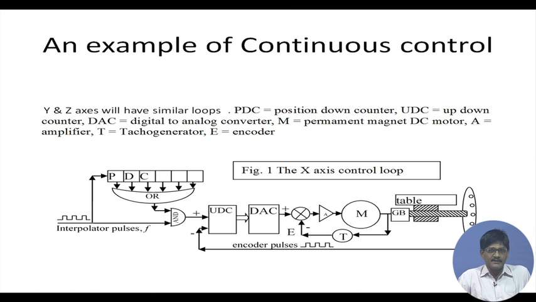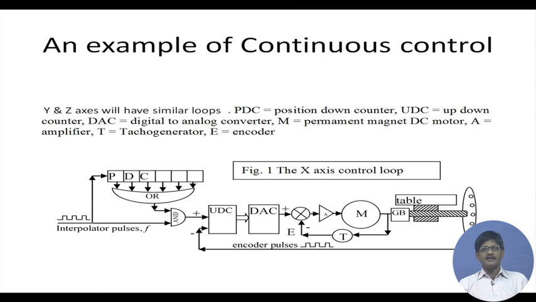So, instead of a pulse generator, we are having interpolator pulses coming in, and these interpolator pulses are sending pulses straight to the control loop, and they are also sending pulses to the position down counter. We are conversant with the position down counter. It will contain some number inside which ultimately will be counted down to 0, and at that point it will stop further pulses from going through.